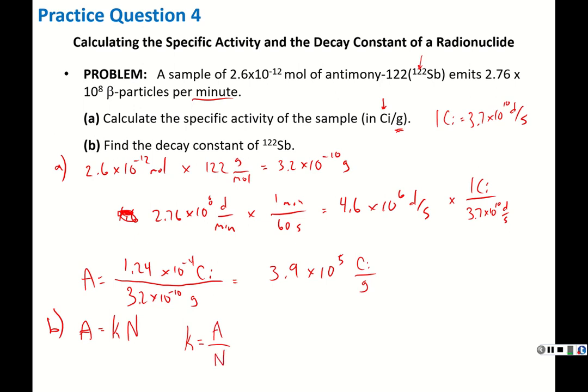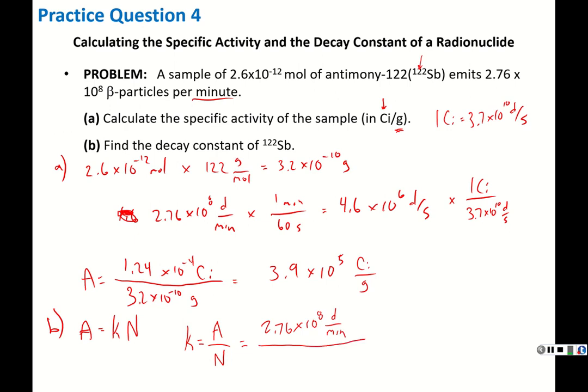Right, and so A is the activity which was given to us above in atoms per minute. So we can go back to that form of it, 2.76 times 10 to the 8th disintegrations per minute.